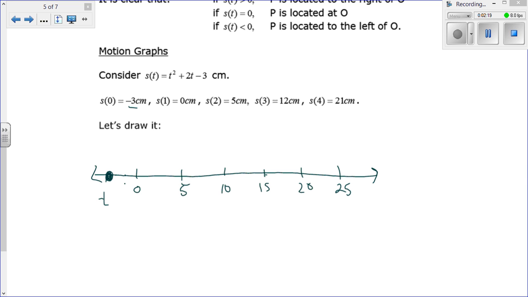And this is t equals 0. And then when t is equal to 1, I'm at 0. So this is t equals 1. When t is equal to 2, I'm at 5.